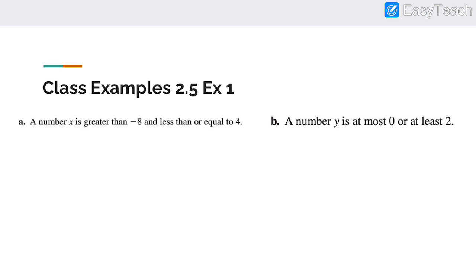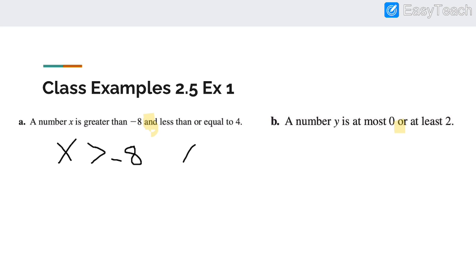So when we look through this, we're going to want to identify different pieces. When you see the word "and" or "or", that's going to tell you when you're making your 2 different statements. So for example, the one on the left, the number x is greater than -8. So this is going to turn into x is greater than -8 and less than or equal to 4.